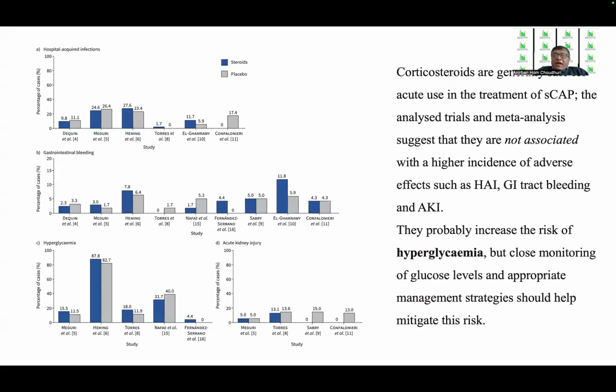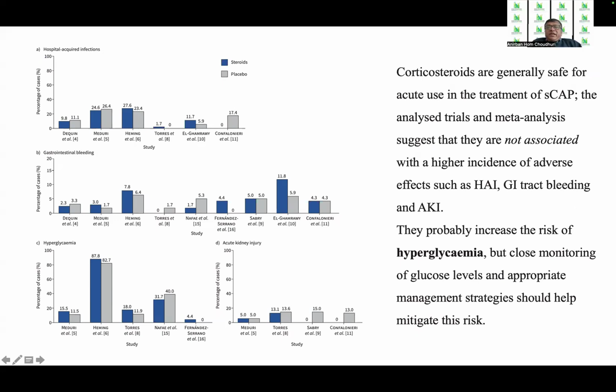If we look into the adverse effects that they have studied, the corticosteroids in the acute use of this, in the treatment of severe community-acquired pneumonia, the analyzed trials and meta-analysis suggested that they are not associated with a higher incidence of adverse effects such as hospital-acquired infections, GI bleeding, and AKI.